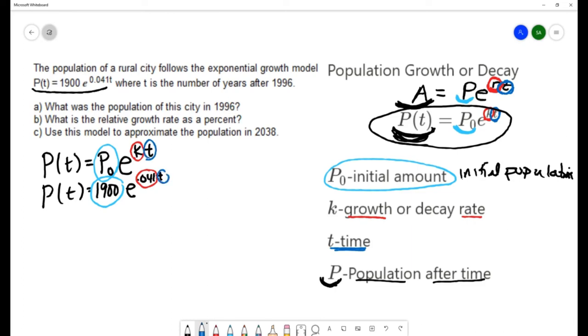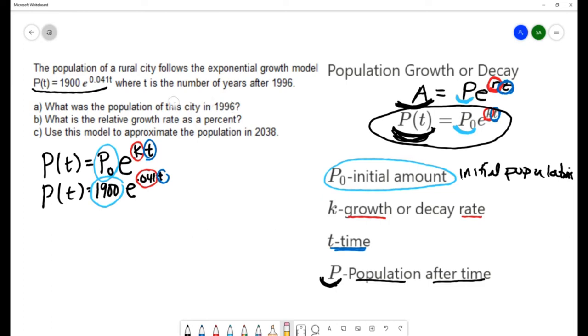So reading this model in a little bit more detail here, it says that T is the number of years after 1996. So this is when our model begins. That is our initial time and our initial population.